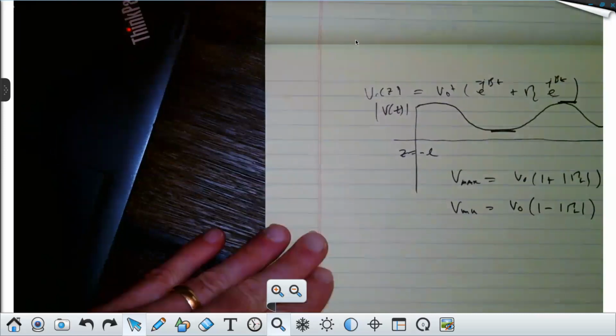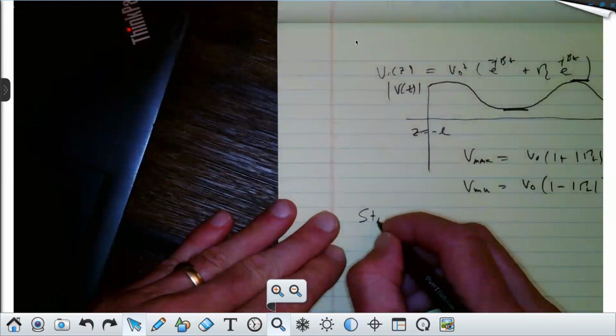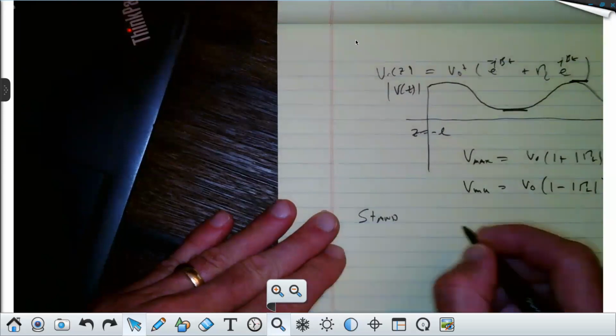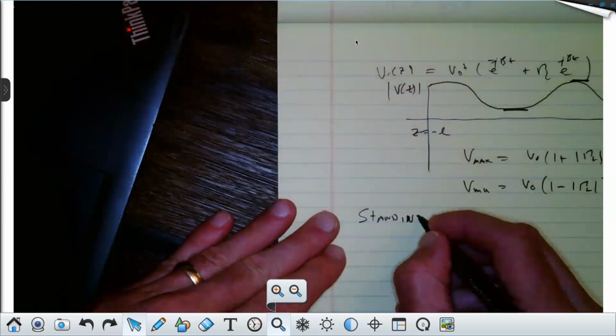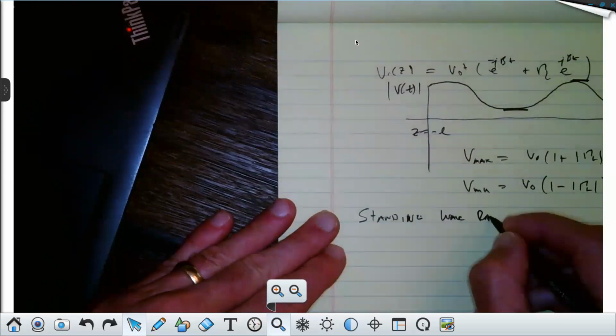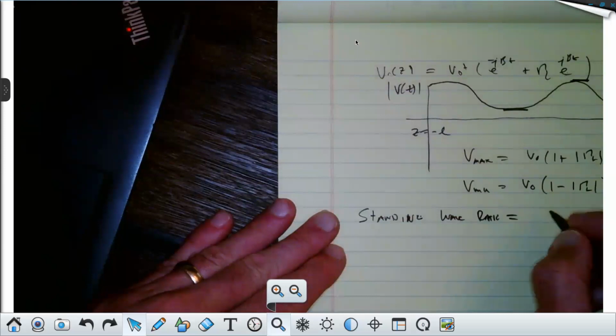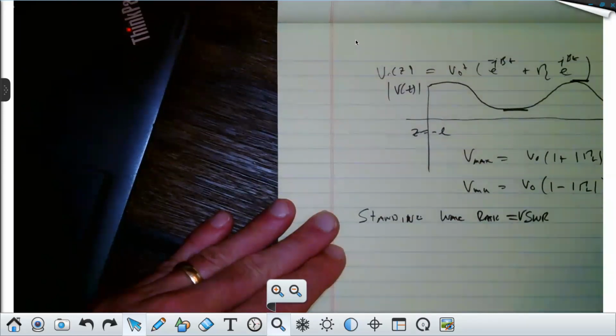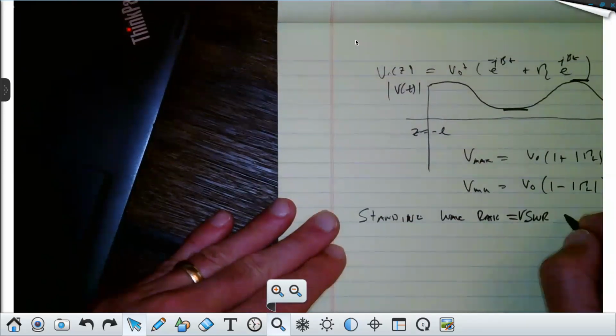It's called the standing wave ratio, and a lot of times it's the voltage standing wave ratio, they're the same thing. They'll put VSWR, but the standing wave ratio is always going to be the magnitude of 1 plus gamma L over 1 minus the magnitude of gamma L.